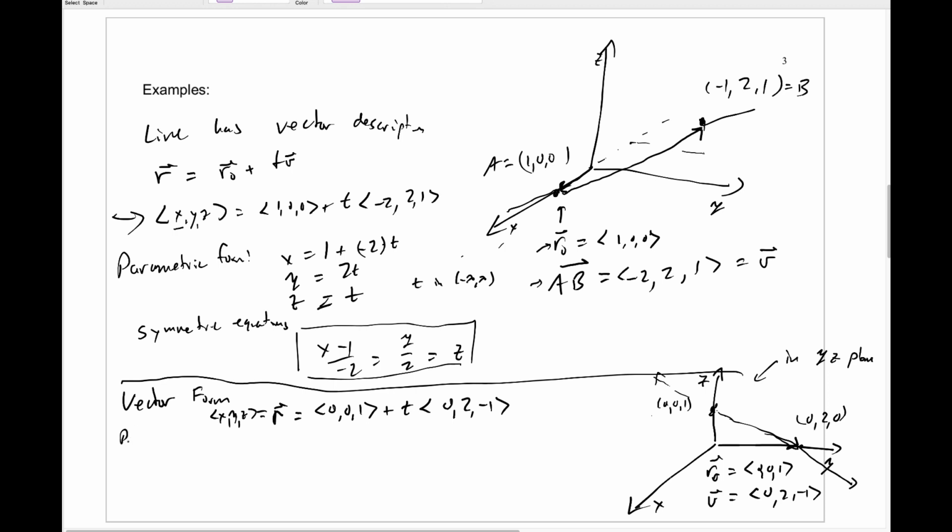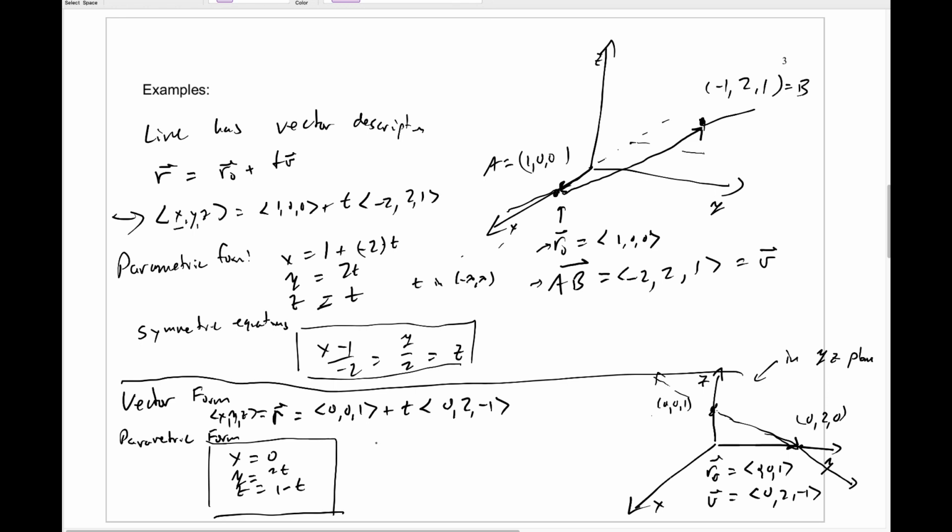The parametric form is just x equals 0 plus 0t, which is just x equals 0. Y equals 0 plus 2t. And z equals 1 minus 1 times t. Like that. Here's the parametric form for this line. Remember, t can be any real number.